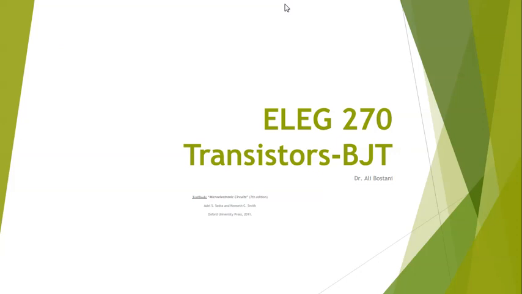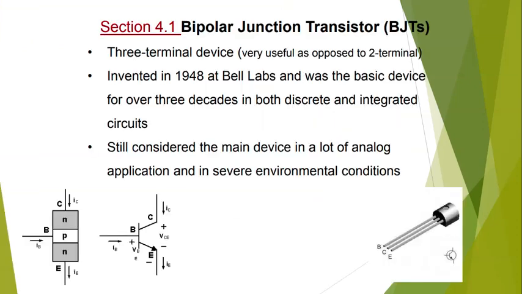So we're gonna start with the BJT transistors and we're gonna see what this amazing creature of electrical engineers is about. So let's go ahead and see what a BJT transistor is. A bipolar junction transistor looks like this shape.